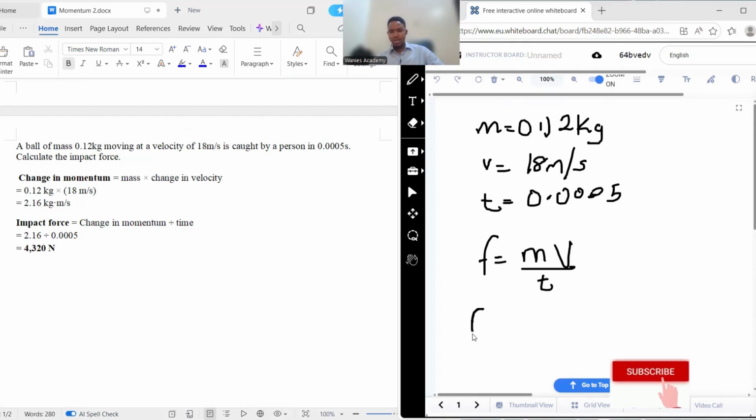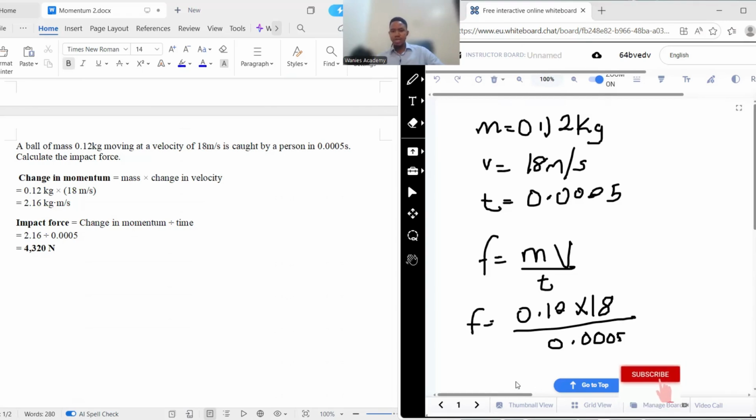So F equals the product of 0.12 and 18, all divided by the time taken, which is 0.005. So from there, we have it to be 4,320 Newton. We have this magnitude of force because we have a lesser time for this to occur.